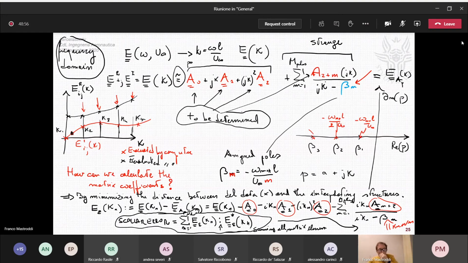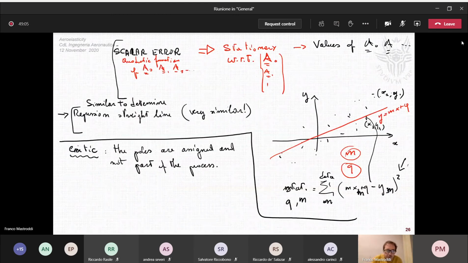In fact, when you consider this error, stationary means that you have to take the derivative of your scalar error with respect to any term of your matrix, for example with respect to A1, and put this equal to 0.